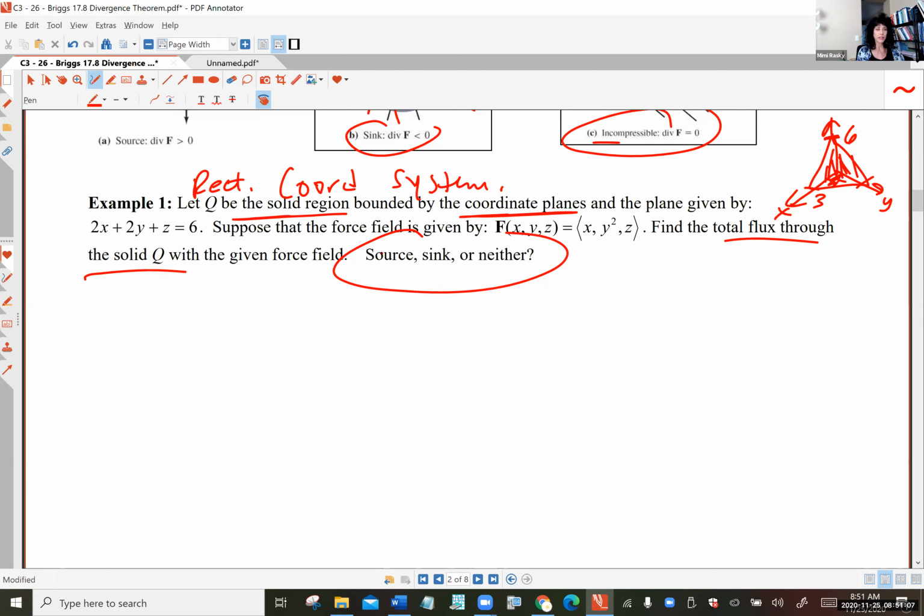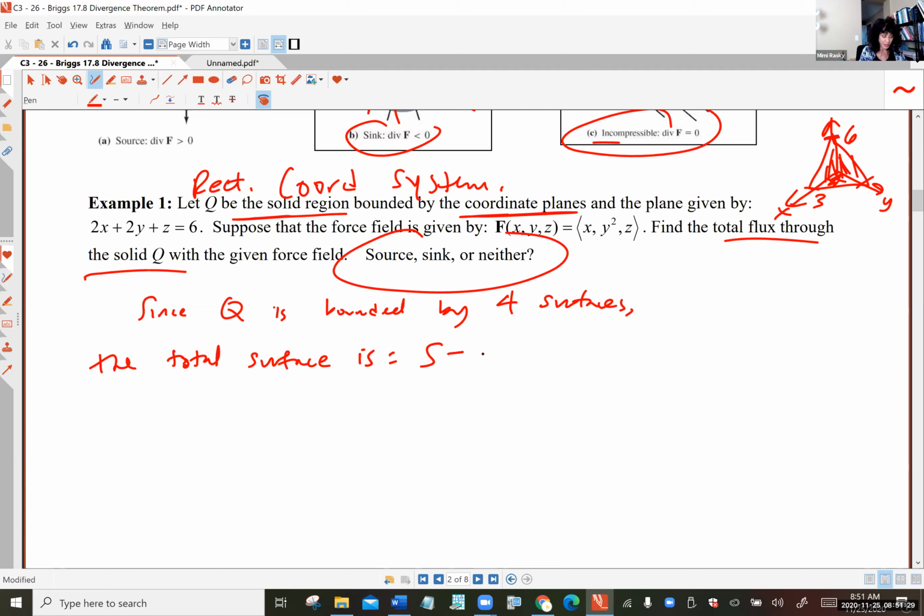Since the solid Q is bounded by 4 surfaces, if I had to do flux integrals and I wasn't allowed to use the divergence theorem, how many surface integrals would I have to do? 4 total, because there's 4 surfaces that make up the tetrahedron.